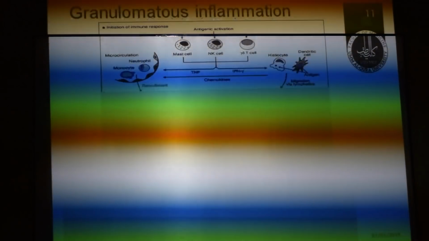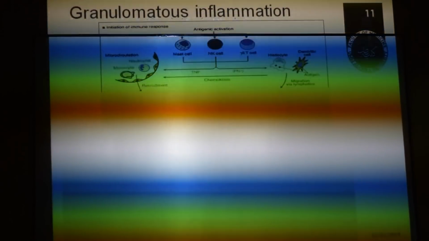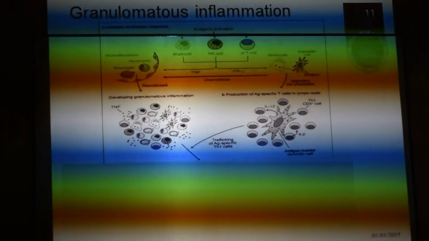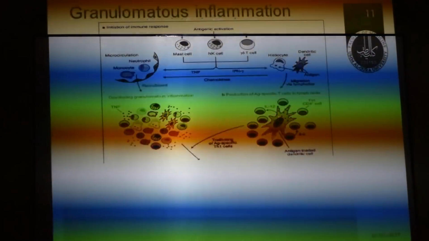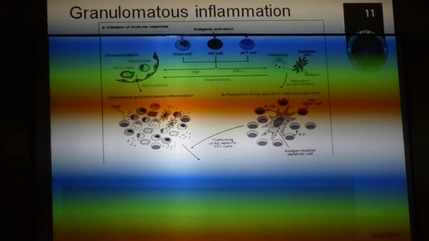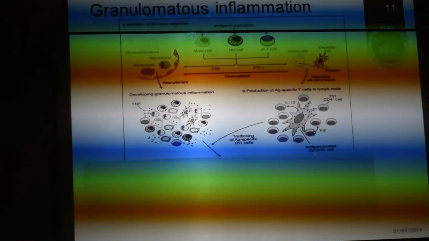And the other cells are the macrophages and the dendritic cells. So in the first phase, what happens? The antigen will be captured by the dendritic cell and taken to the draining lymph node, where they will activate the antigen specific T cells.